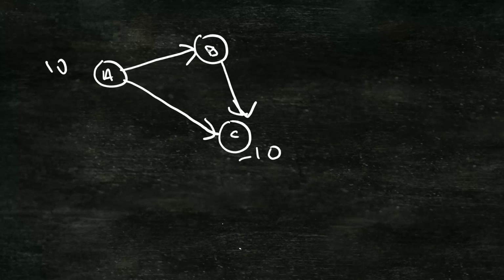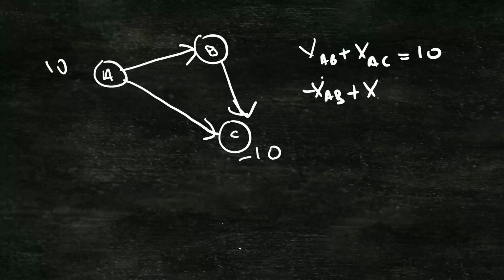And if we had to write this in equation form, every arc would be a variable, and we would be saying that x AB plus x AC would be equal to 10. And then at this node there would be, outgoing goes positive, incoming is negative, so minus x AB plus x BC would be equal to 0.